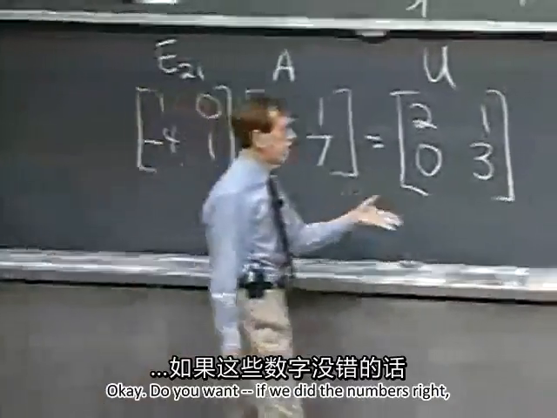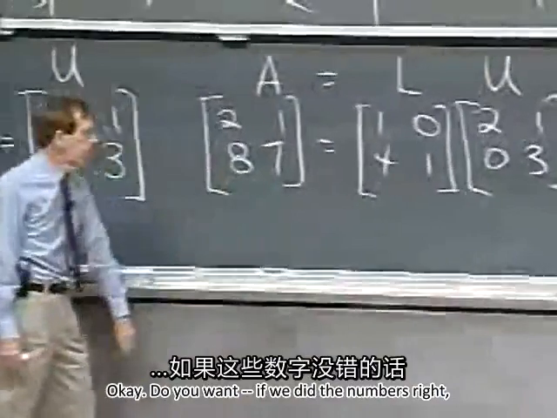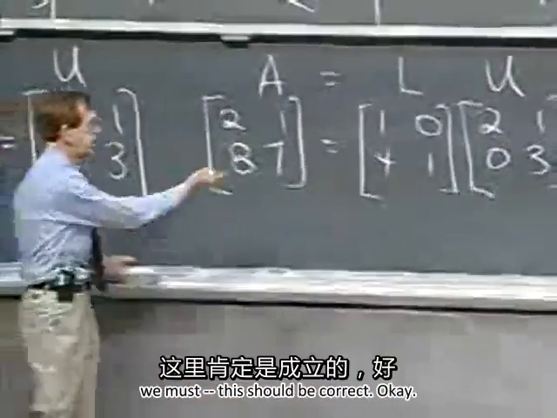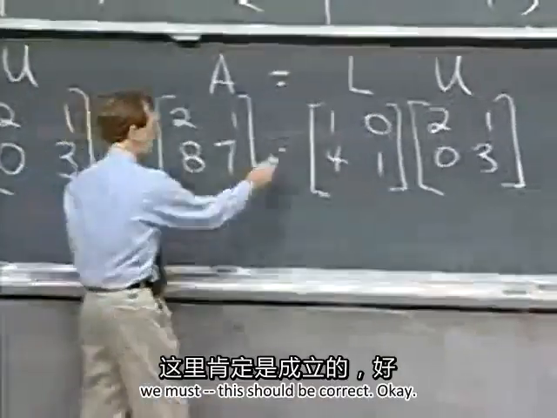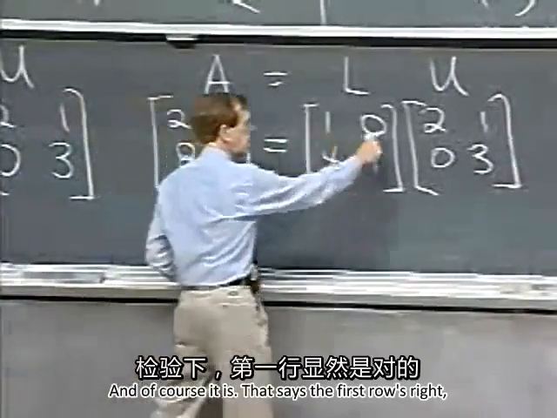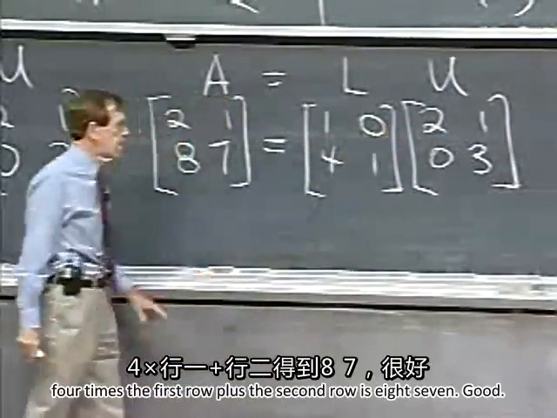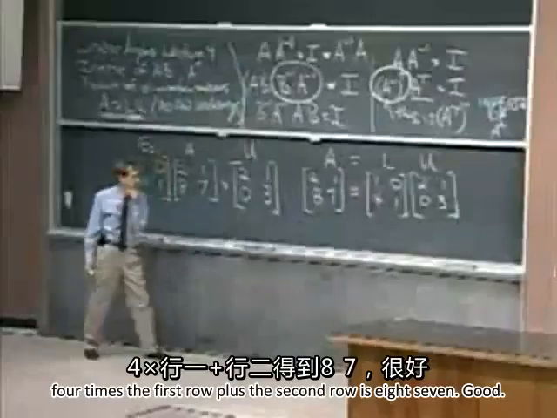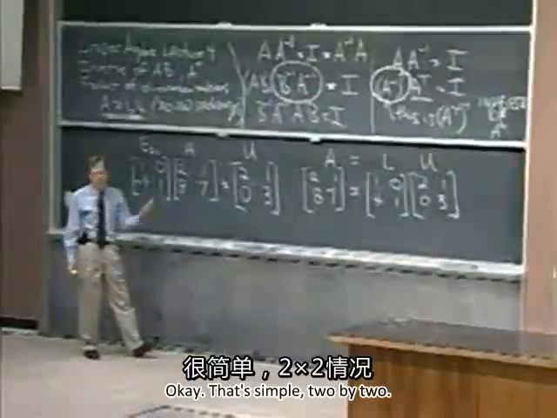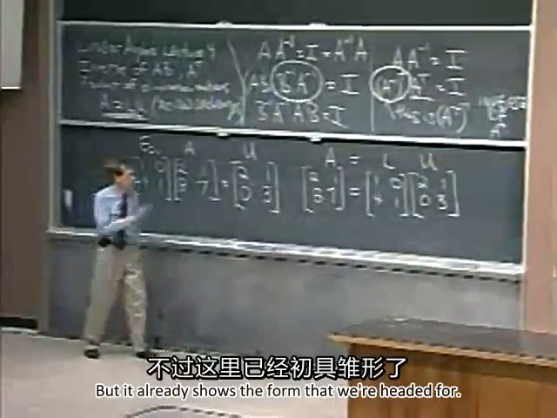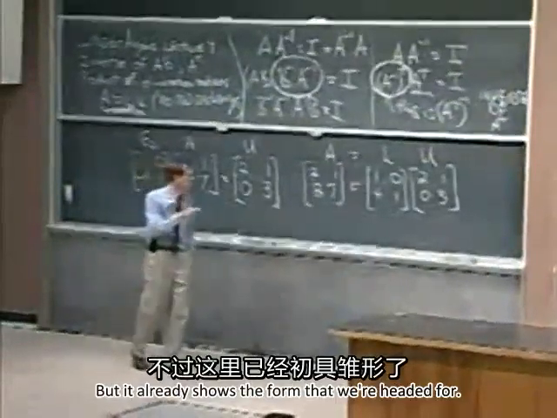If we did the numbers right, this should be correct. And of course it is. That says the first row is right. 4 times the first row plus the second row is 1, 7. Good. That's simple, 2 by 2, but it already shows the form that we're headed for.